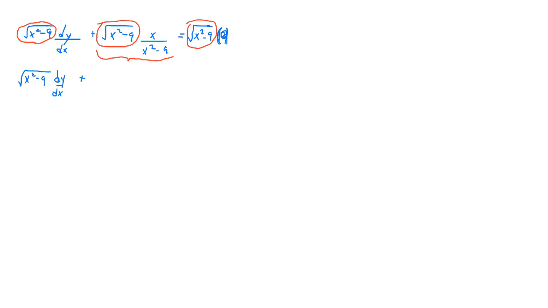Let me just see here. One moment. Let me write this a little bit differently. Hold on. I'm going to write this as x squared minus 9 to the half power plus, okay, and then the second term will reduce to x squared minus 9 to what power?